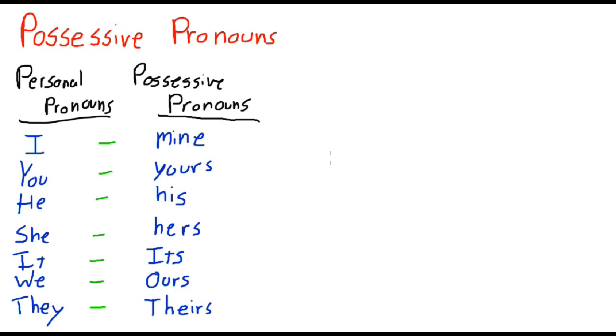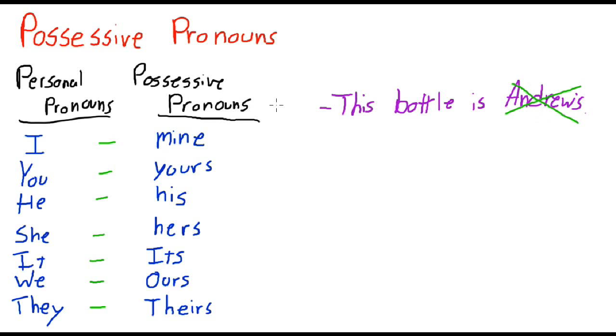So if we look at a sentence, I could say, this bottle is Andrew's. Well, my name is Andrew. So if I'm saying this bottle is Andrew's and I'm speaking, that sounds a little strange, correct? I'm talking to myself in third person. So we don't want to say Andrew's. What we want to do is change that to a possessive pronoun.